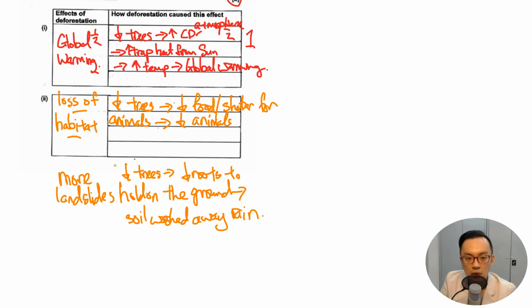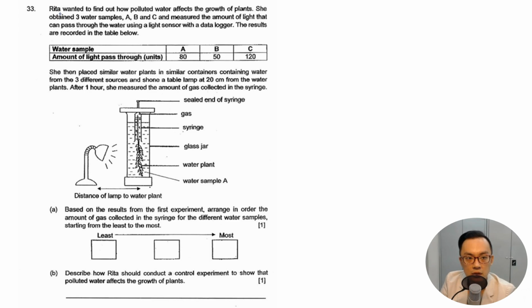Alright, so there are more landslides because there are fewer trees and roots. There are fewer roots to hold the soil to the ground, and therefore the soil will be washed away when there is increased rain.